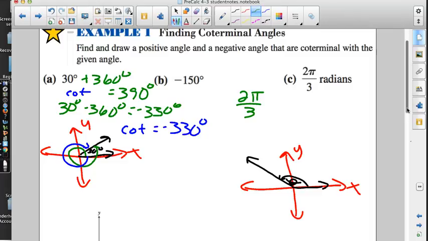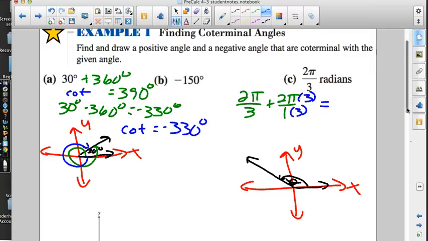So what should we do? Add 2 pi. And there's the problem, because we need a common denominator. So we're going to have to multiply by 3 on the top and the bottom of this one.